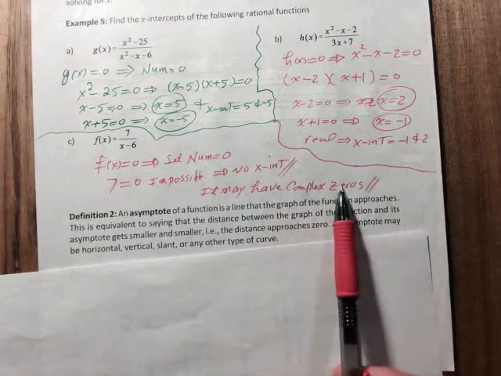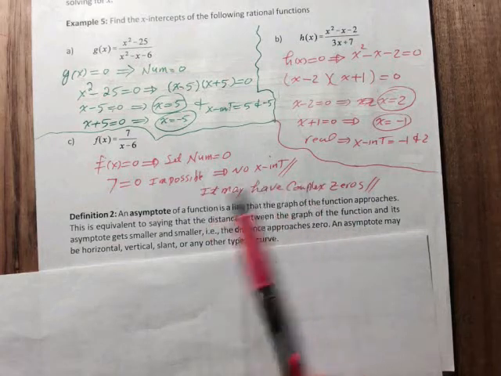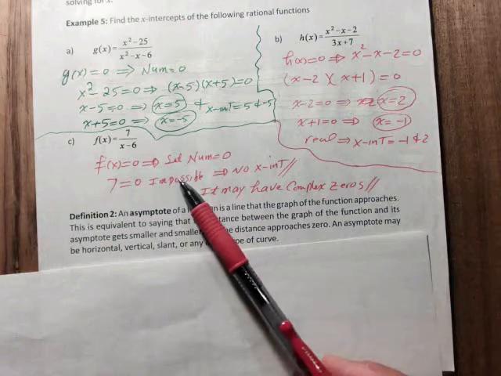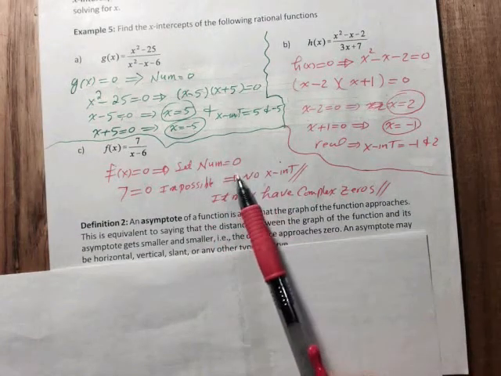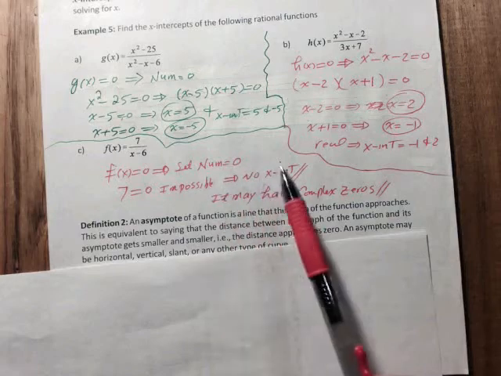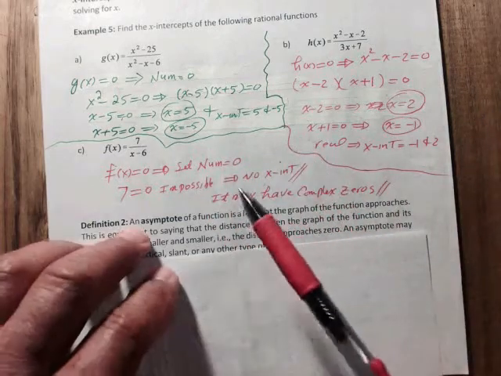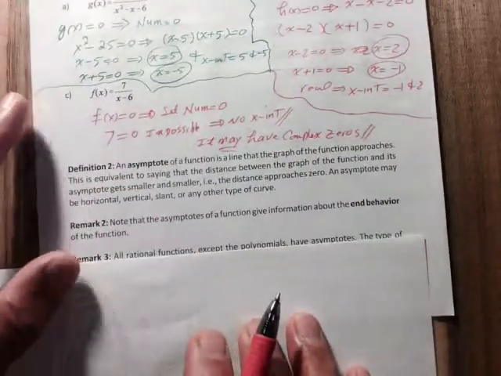It doesn't have complex zeros, and it doesn't have real zeros. But there are situations where your rational function doesn't have x-intercepts or real zeros, but it may have complex zeros. Okay, but not here. I said may. But I'm not gonna go any further.